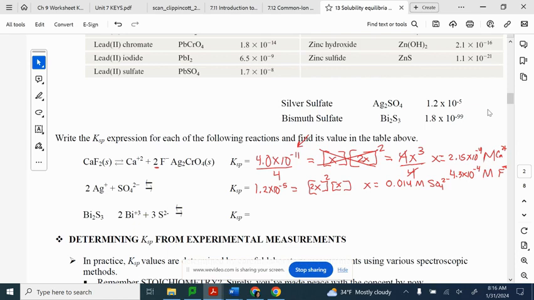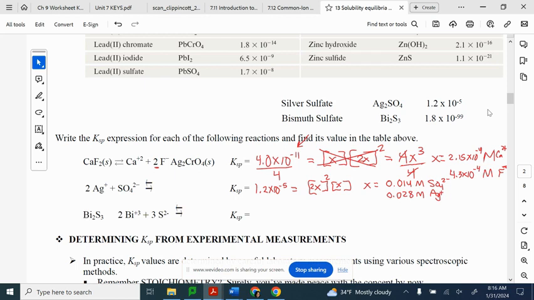And so it gives me my silver. All right, see if you can set up and solve for the next one on your own.